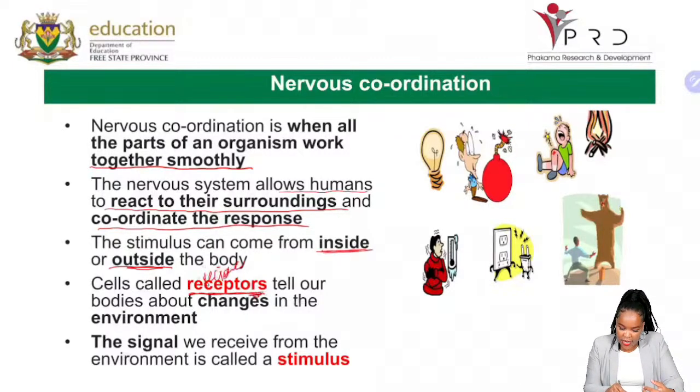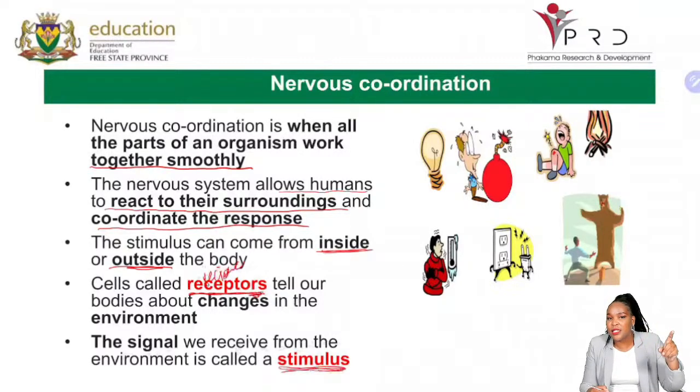Right. The signal we receive from the environment is called a stimulus. You might have heard me talking about the stimulus. The stimulus is now the signal that we receive from the environment. And remember, the environment, we said it can be internal environment or it can be external environment. From the internal environment, if something is going wrong, there is going to be a signal, which is our stimulus.